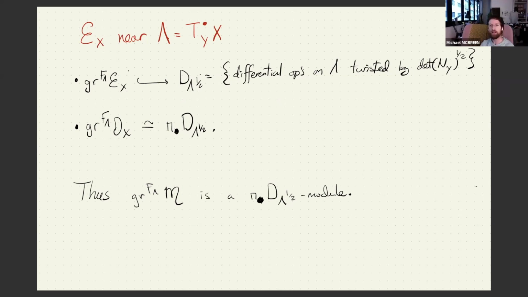Not quite. You have to twist by the normal bundle to lambda, or rather by the square root of its determinant.